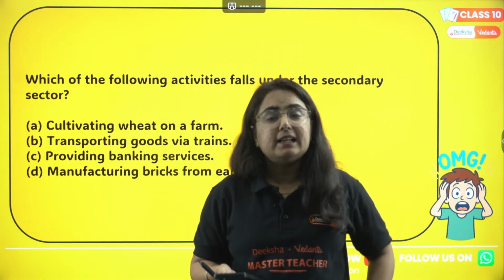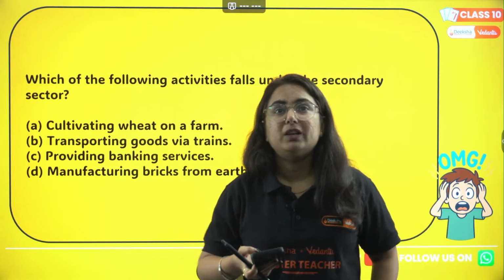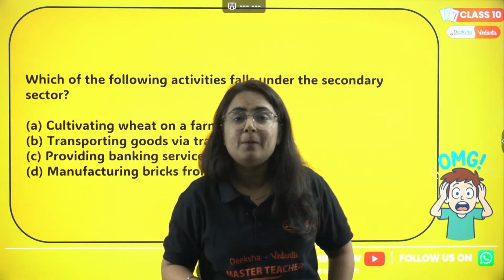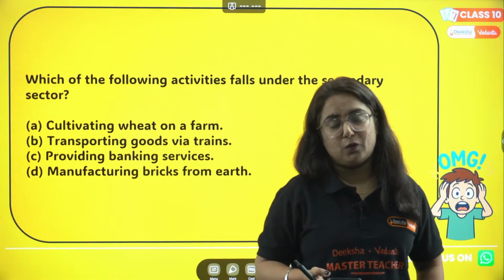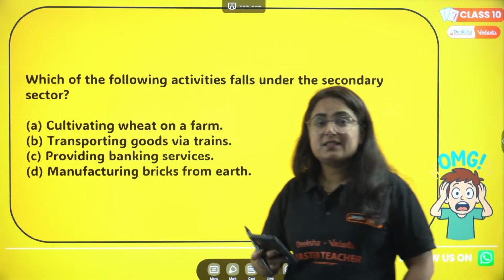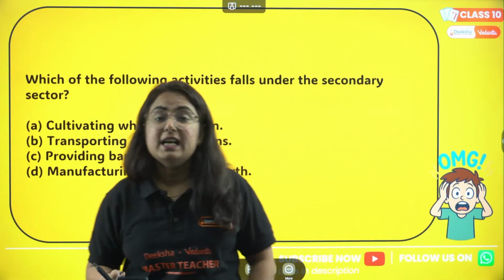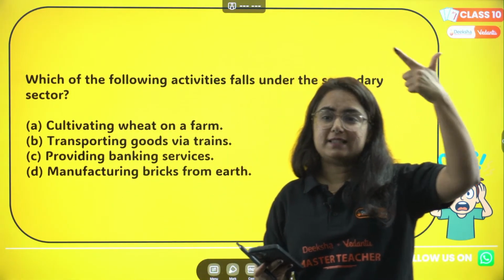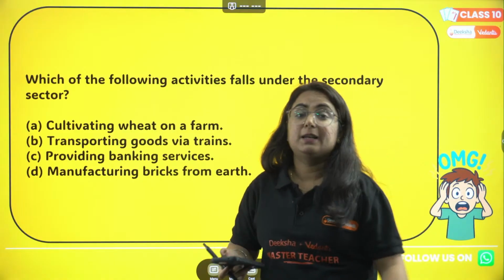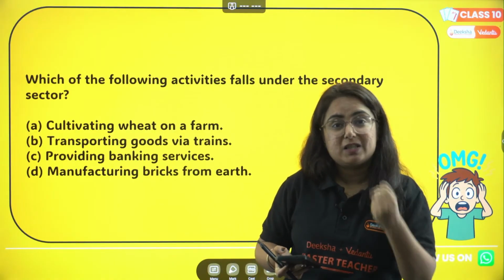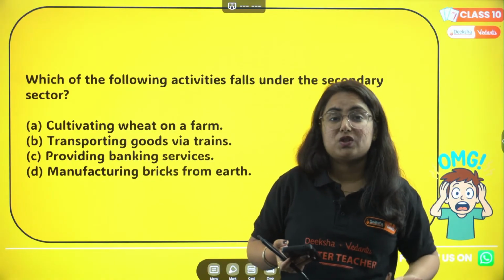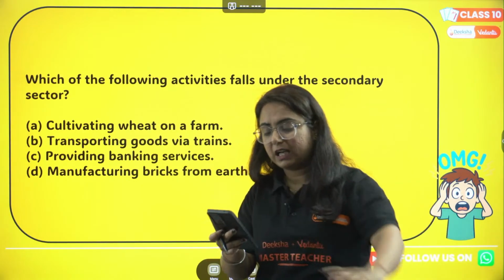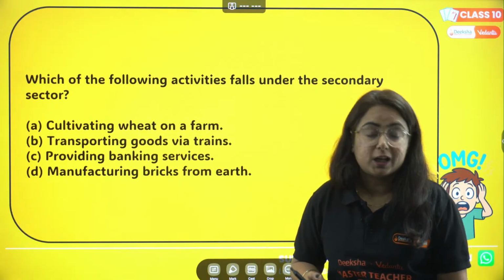At the start of the chapter, as we have been learning since class 6 and 7, there are 3 sectors of the economy: primary, secondary and tertiary. The name primary itself justifies that it provides the primary substance for other economic activities.